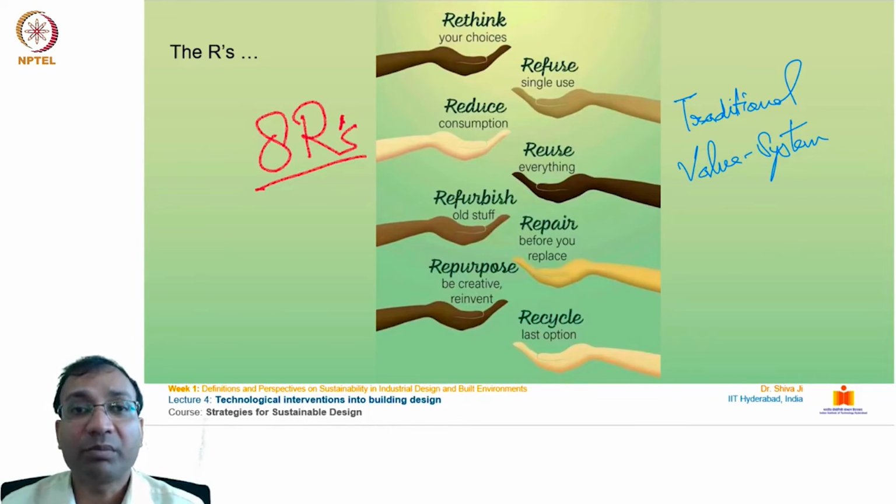This is repurposing, where discarded material is reused somewhere else. And then finally recycling. If there is no other option, we can always go for recycling. So in these 8 R's, we must learn to implement these.